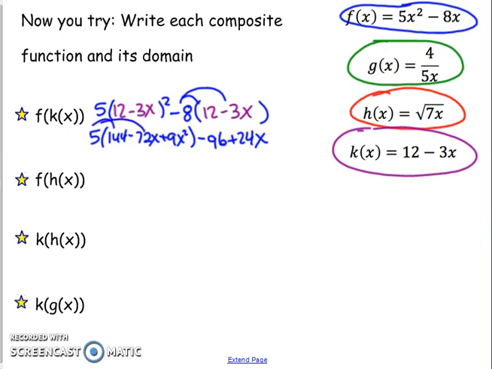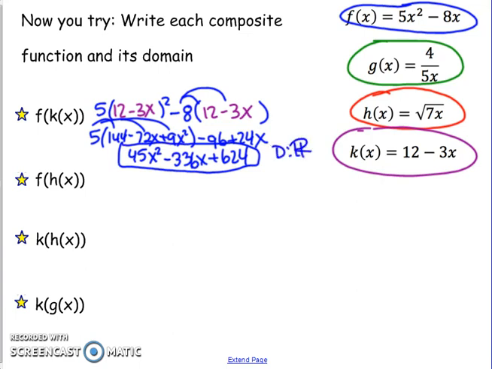Okay, we want to distribute the 5 to everything, and then combine like terms. Okay, so just for time purposes, we end up with 45x squared minus 336x plus 624. Okay, this is a quadratic. So since it's a quadratic, our domain is all real numbers.